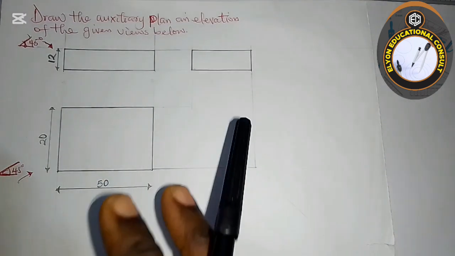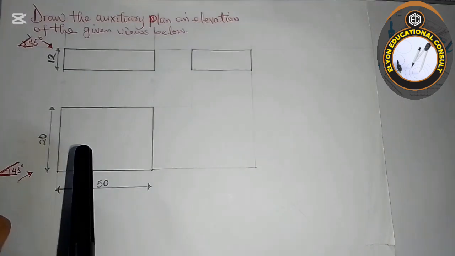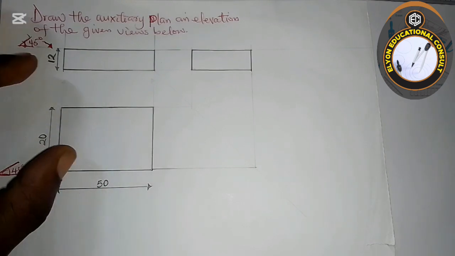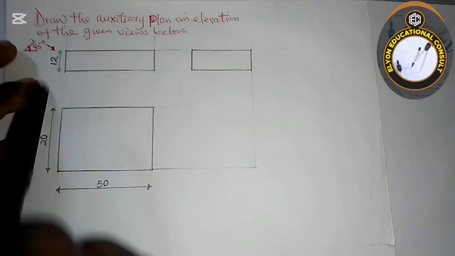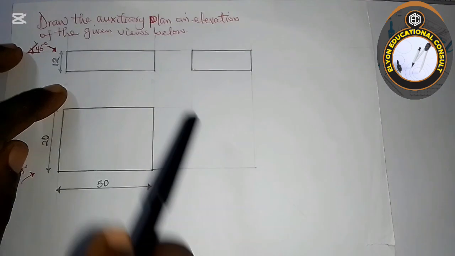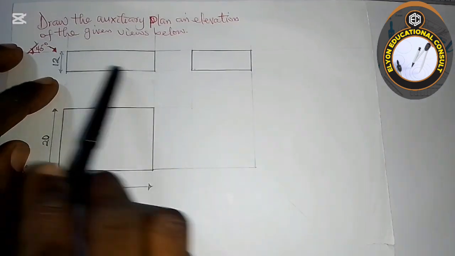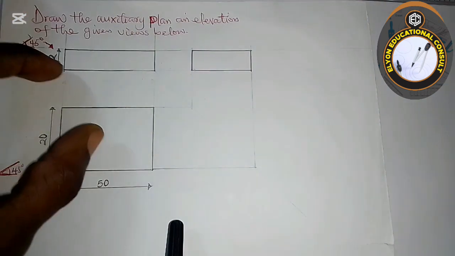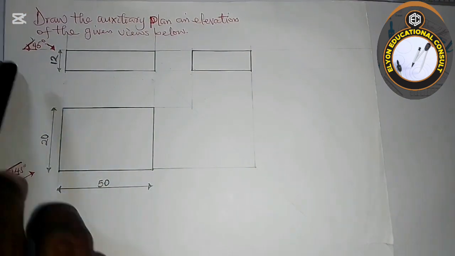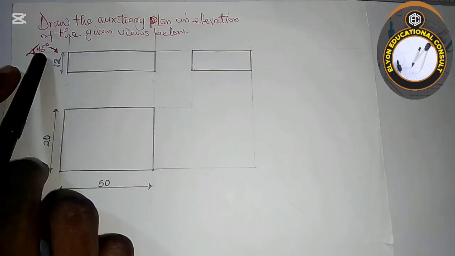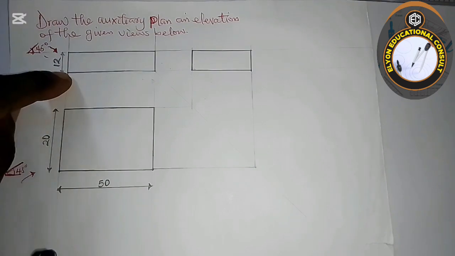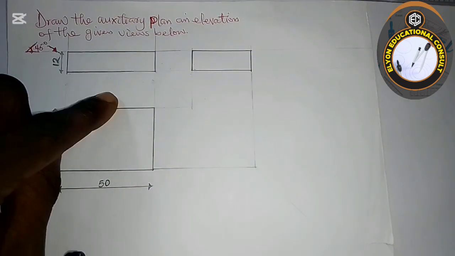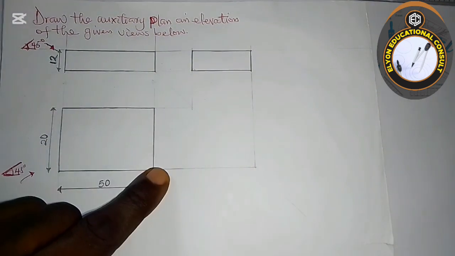The fundamentals are that we can either project from the elevation. If we project from the elevation like this, projecting using each of the corners, at a particular angle given to us, you can see in this question we have angle 45, meaning that we have to project from the corners using 45 degrees.